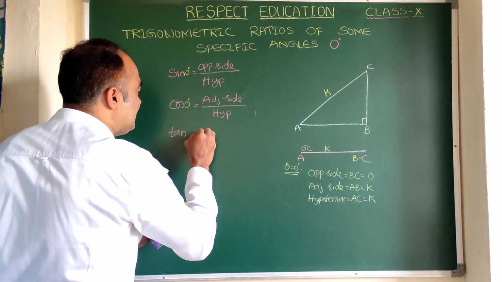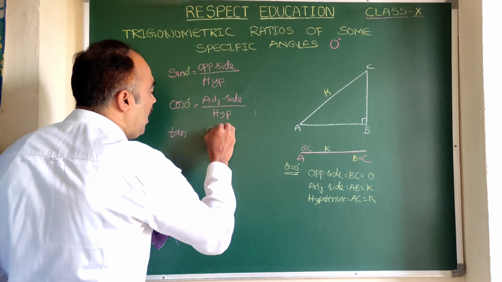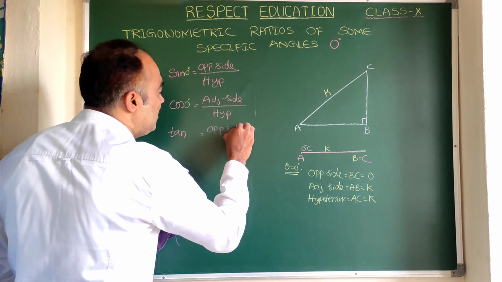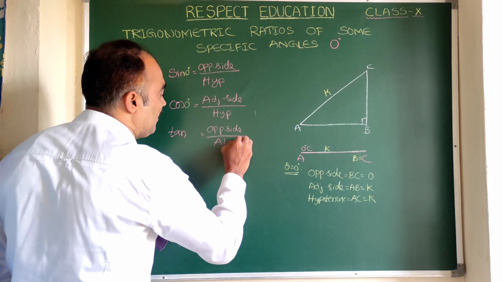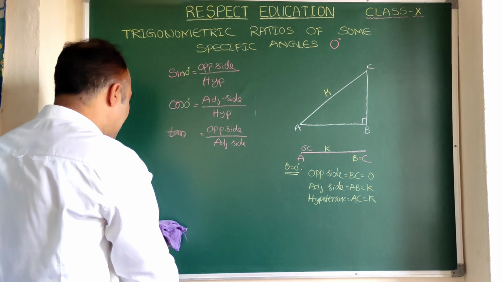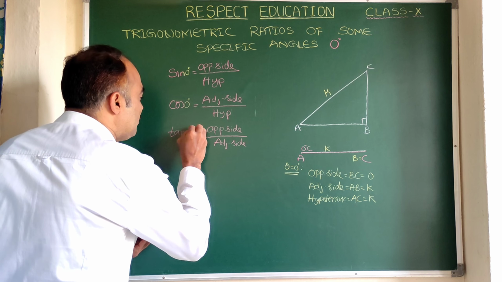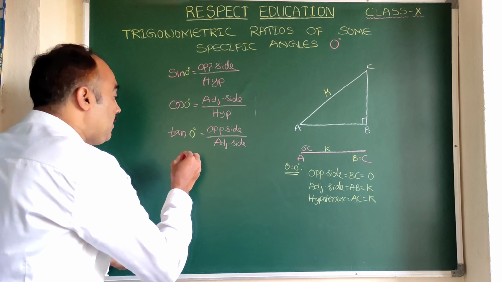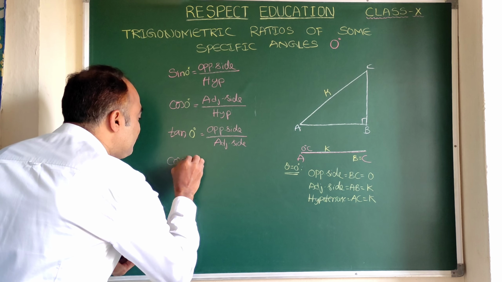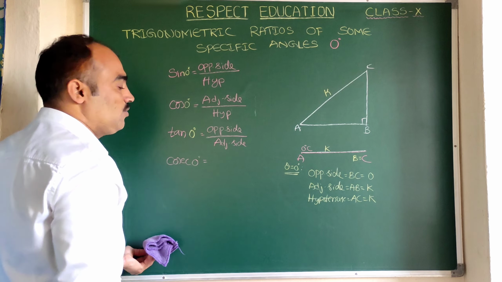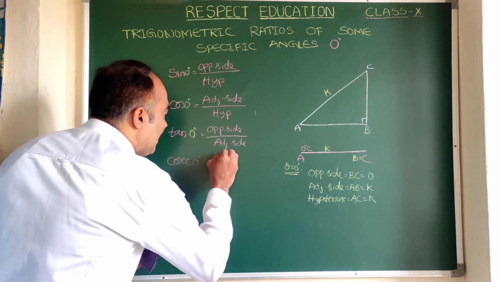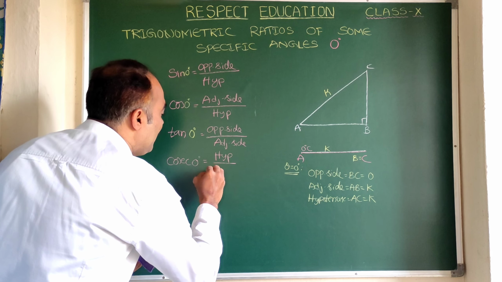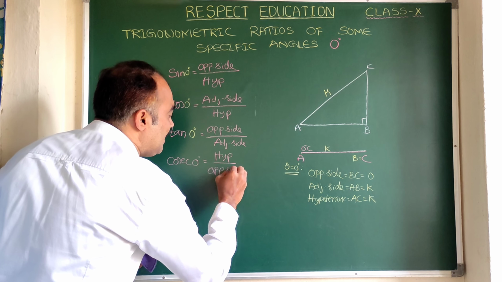next what will come? Tan 0 degrees is equal to, formula? Opposite side to theta by adjacent side to theta. Clear? So here this is for tan 0 degrees. Same way, cosecant 0 degrees. Yes, cosecant 0 degrees is the reciprocal of sine, that is hypotenuse by opposite side to theta.